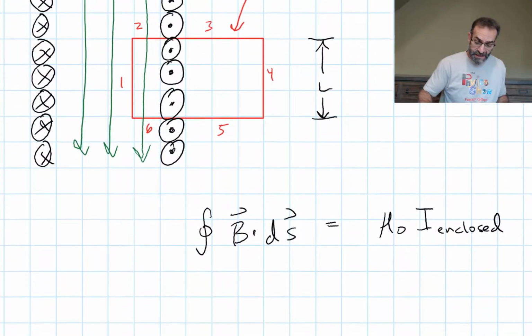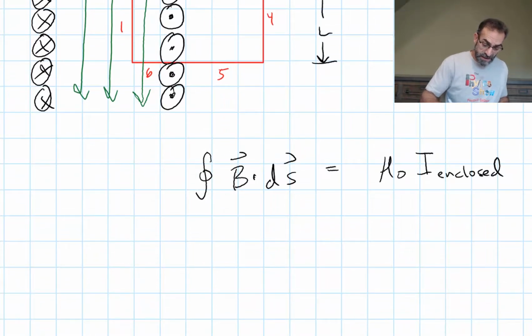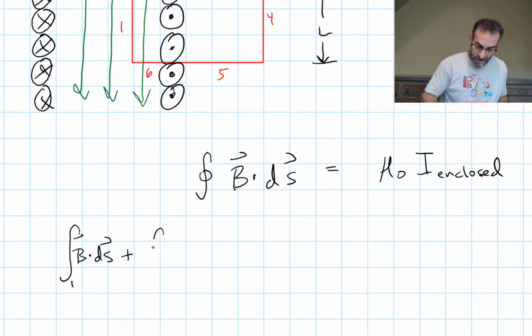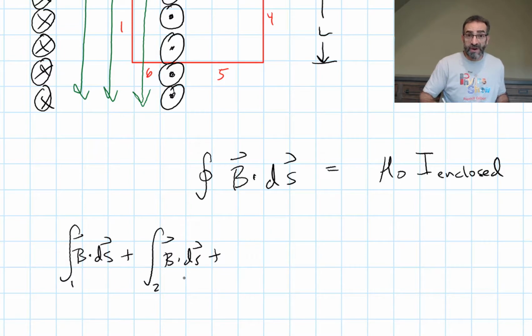That means I can break this up into 6 integrals. The integral of B dot ds over side 1 plus the integral over side 2. And I have to do that for all 6 sides.